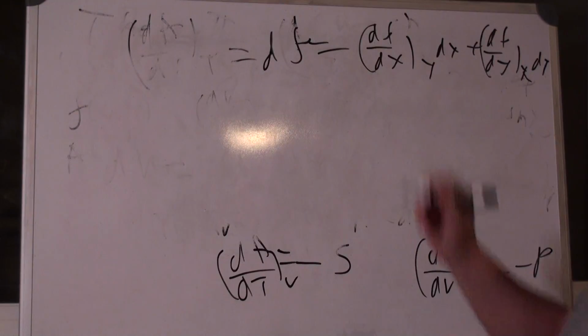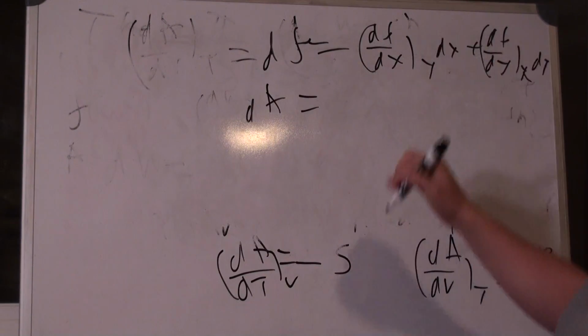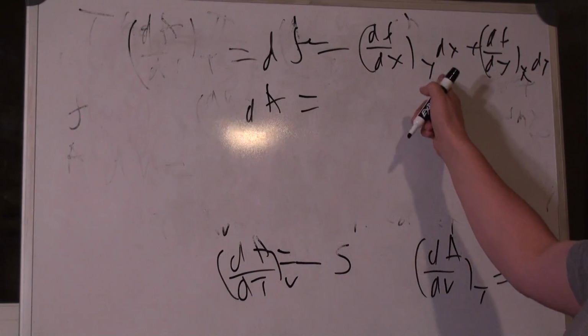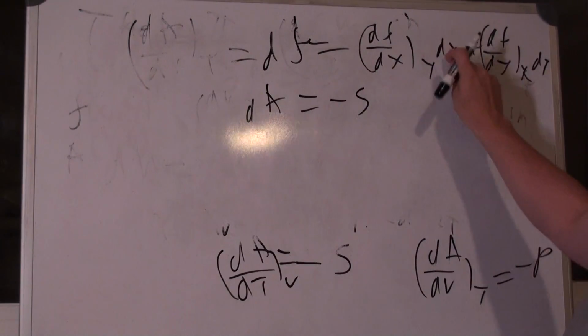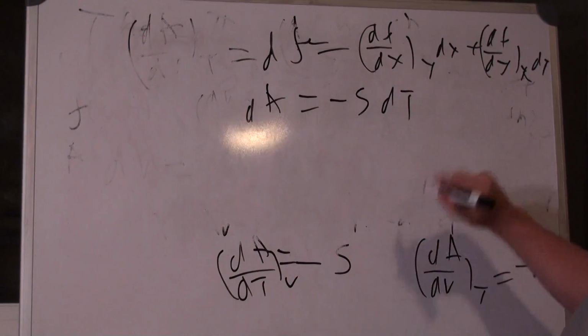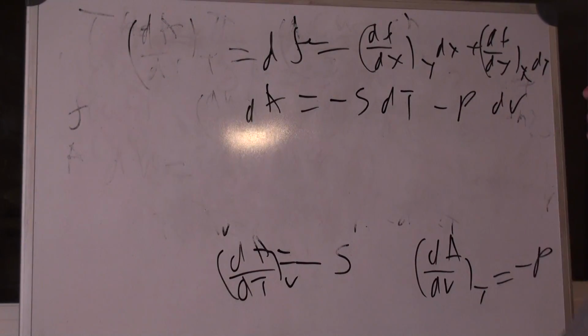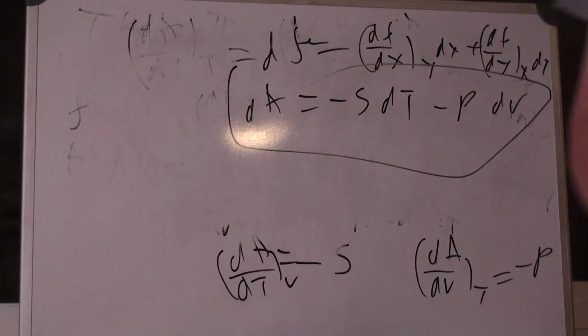Well, our f is A, our x is t, and our dA/dt at constant v, y is v, is minus s. This was minus p dv. Oh hey, that's our answer. And that's all there is.